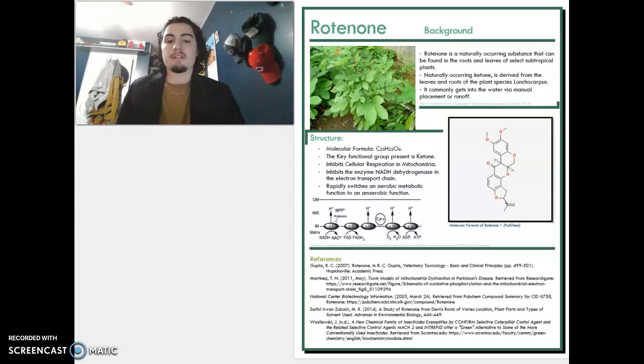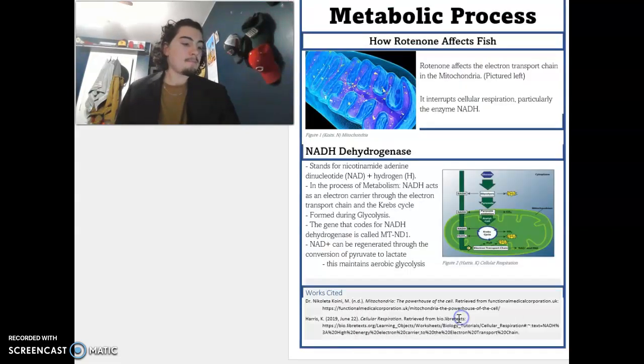It essentially works by blocking and stopping cellular respiration at the coenzyme NADH. NADH dehydrogenase stands for nicotinamide adenine dinucleotide plus hydrogen. It targets the mitochondria and reduces the energy being produced, which blocks cellular uptake.